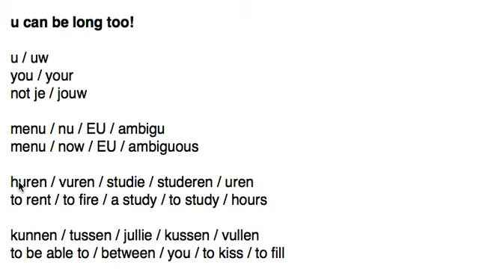So to rent here, huren, but also in the plural, like uren. Uren, that's ours, that's a plural. And in the singular, it would be uur, an uur with W. And in the plural, there would only be one U. And it's the same for huren. Ik huur, I rent, is with W. And wij huren, we rent, that's just with one U.